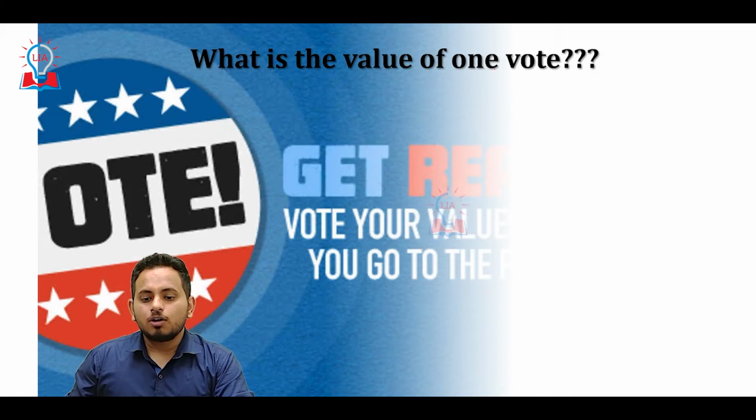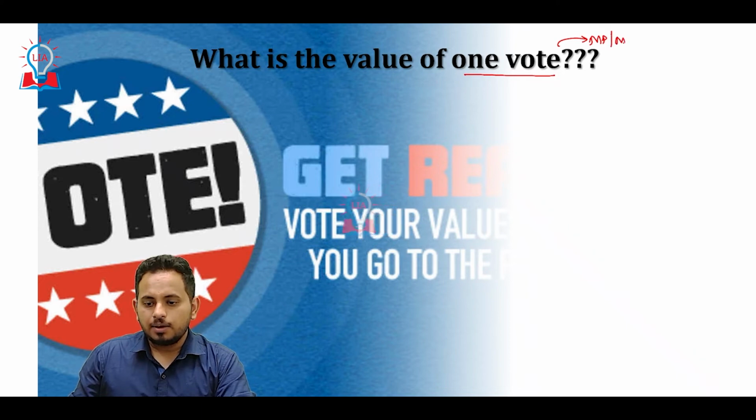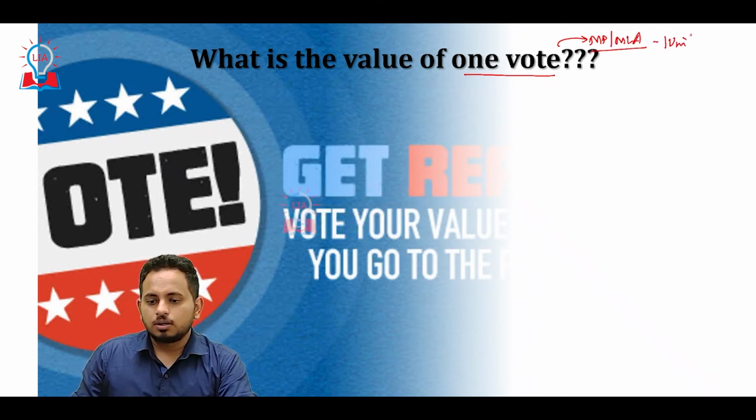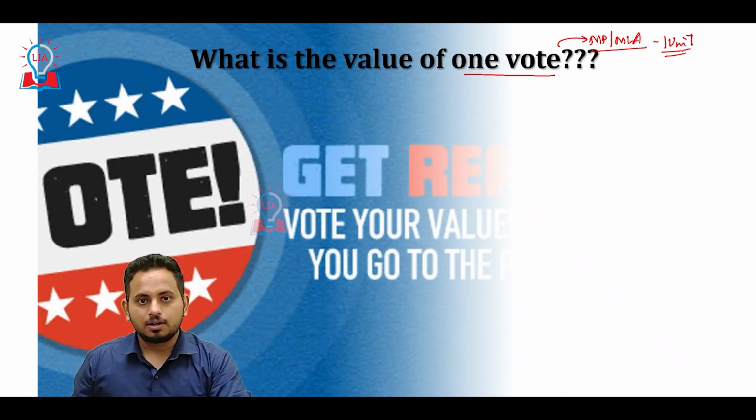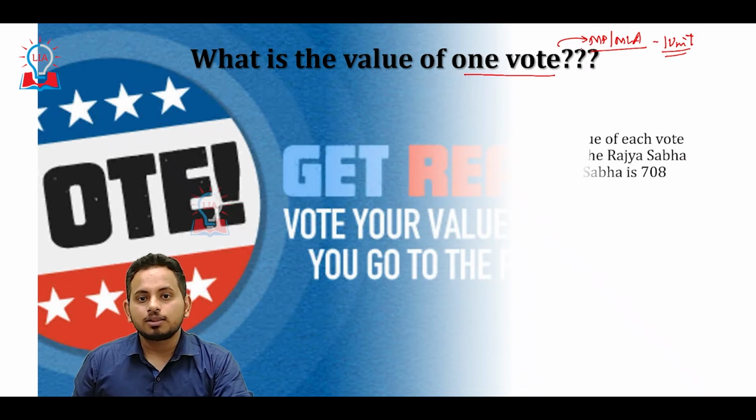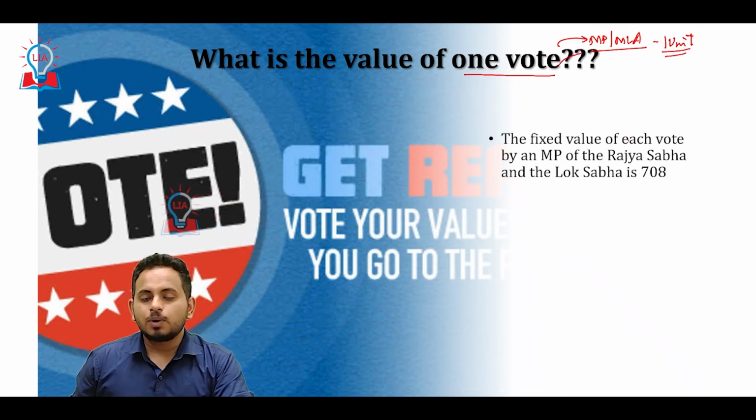What is the value of one vote? When we vote for an MP or an MLA, the value of one vote is 1 unit. This is simple to understand. But when it comes to the presidential election, it is not that way. The fixed value of each vote by an MP of Rajya Sabha and Lok Sabha is 708.